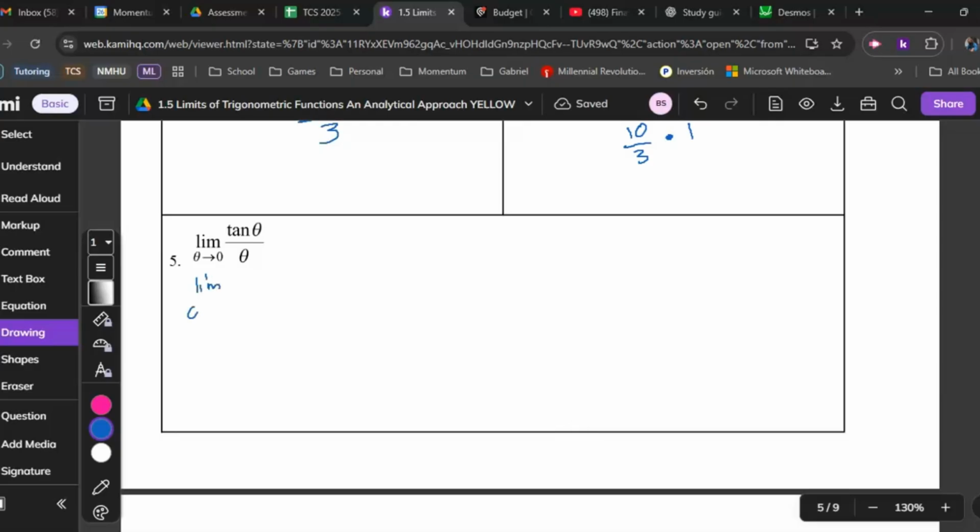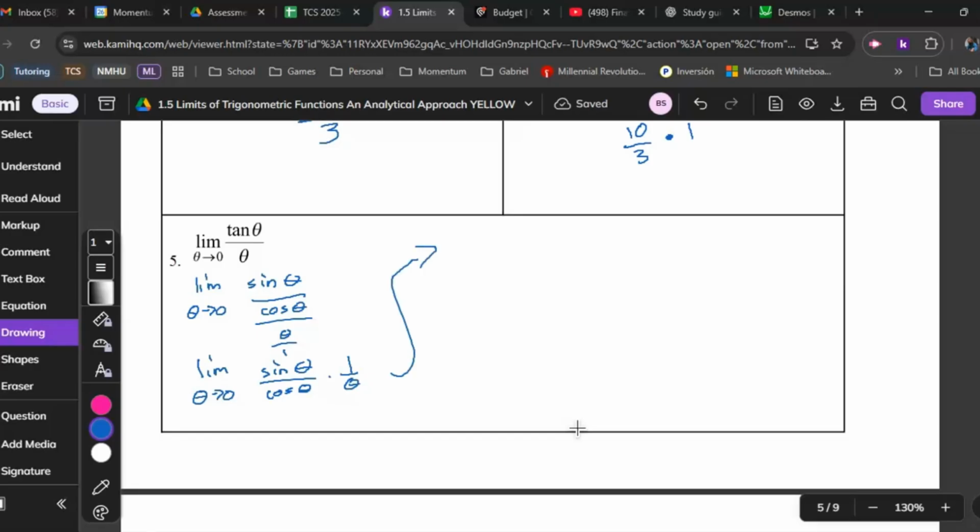I'm going to think of this as the limit as theta approaches 0 of sine theta over cos theta, over theta. Then, how do I get rid of a fraction of a fraction? Keep, change, flip. Well, you can think of this as over 1. That's fine. That's part of it. So I'm going to get sine theta over cos theta times 1 over theta. We're getting somewhere, right? Isn't that sine theta over theta close? It's close now.